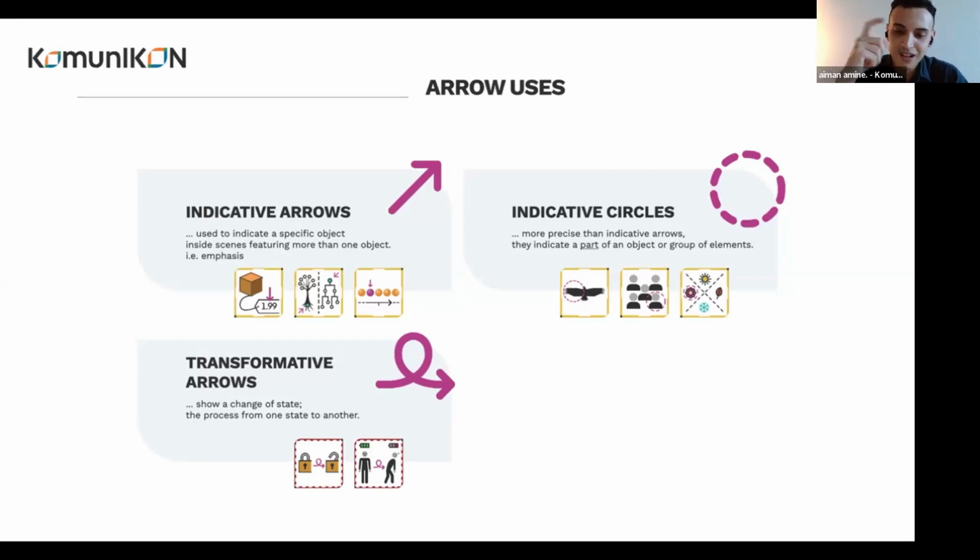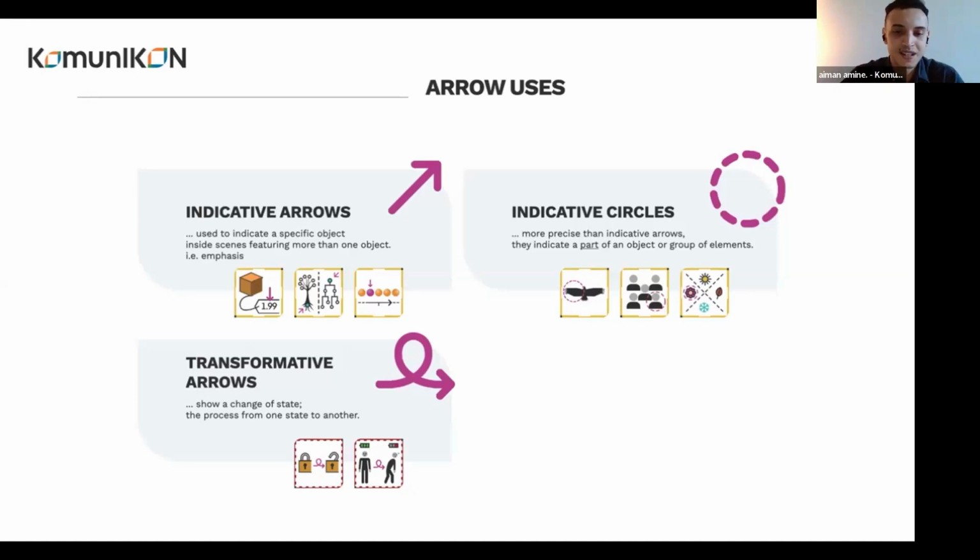When you see a locked lock, does it mean that it's locked or that you have to click this lock to unlock it? And so this question got raised of how can we really solve this issue? And hence we introduced a transformative arrow that shows actually the moving from one state to the other.